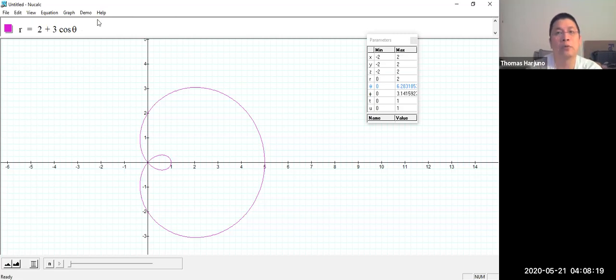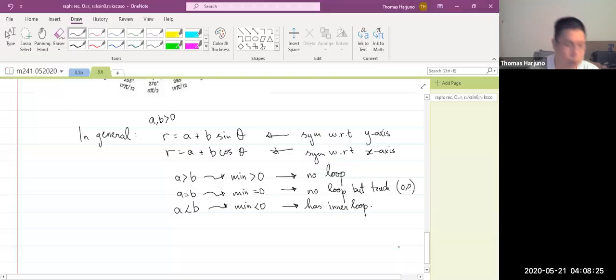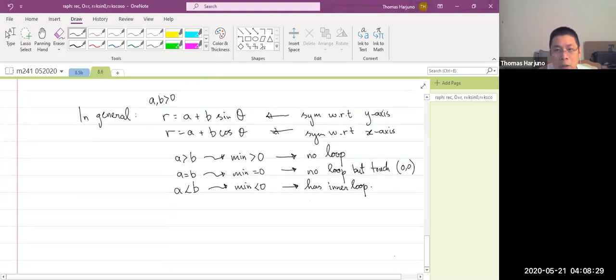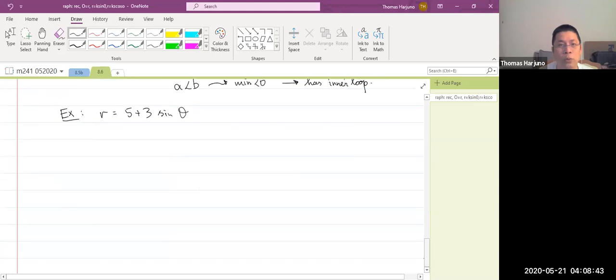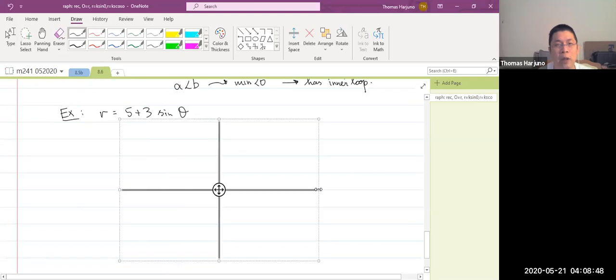For example, I ask them to do a rough sketch of r equals 5 plus 3 sine theta. They have no clue what to do. And I hope you at least have some idea.